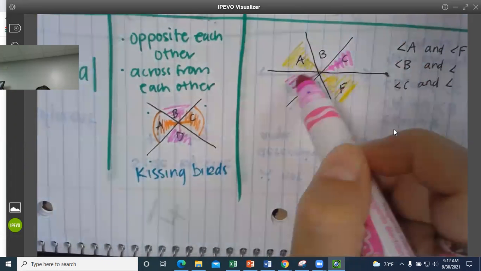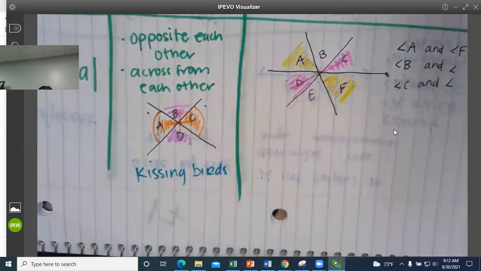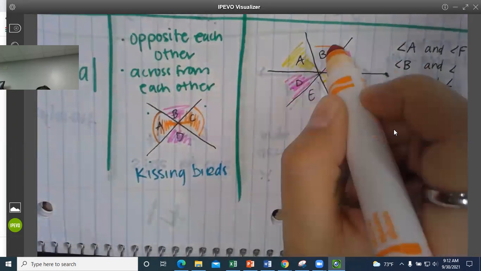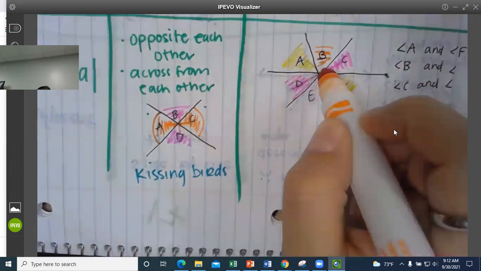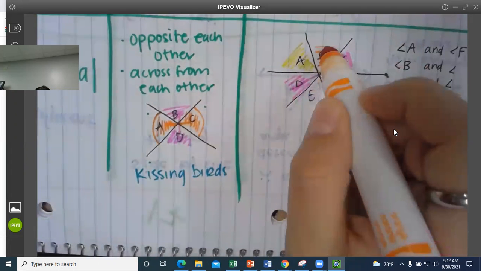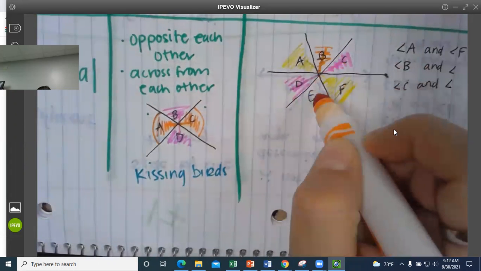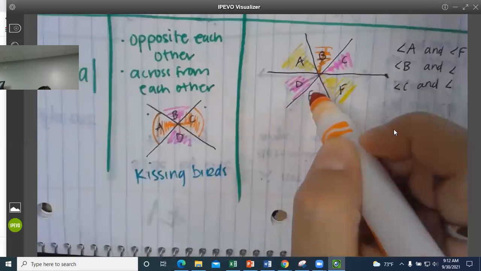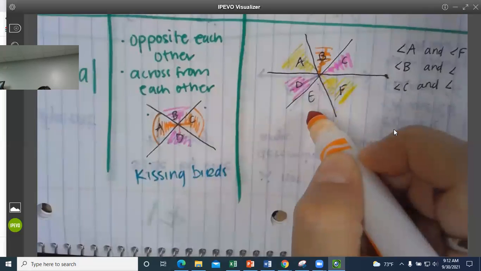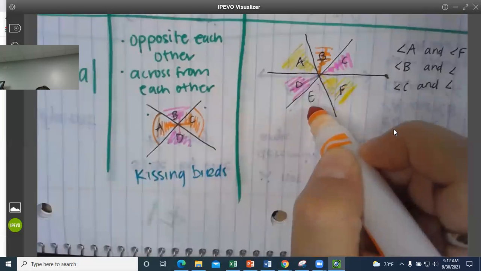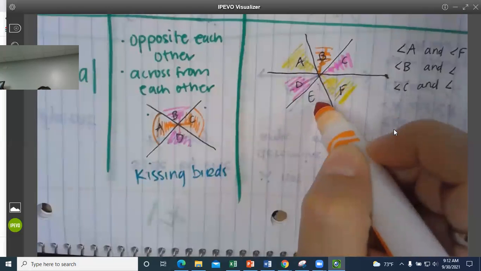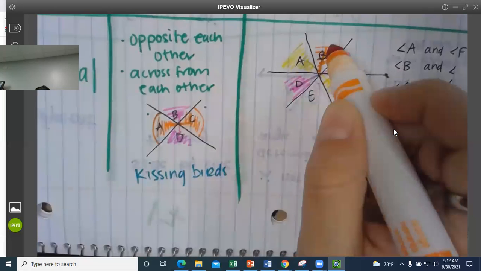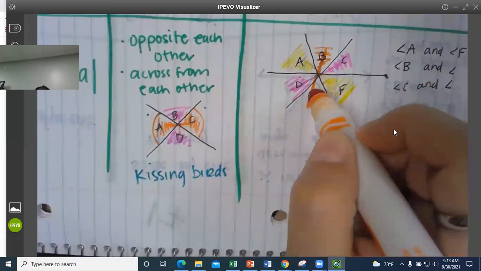The one across from C is D. Israel, what did you get for B? One across. The one where my pen is at. The one right here. Okay, E.